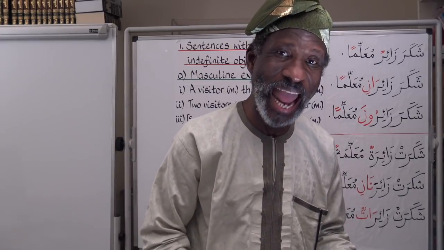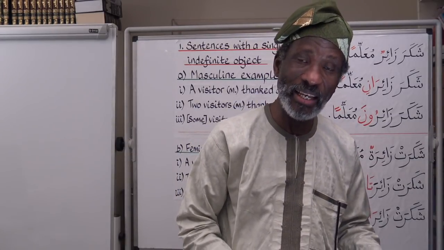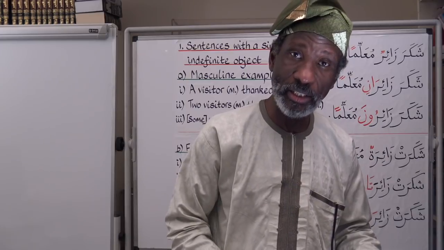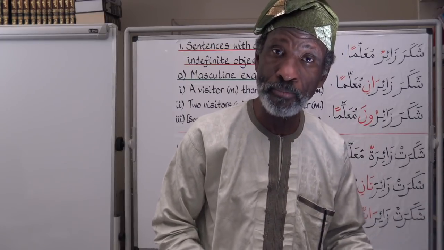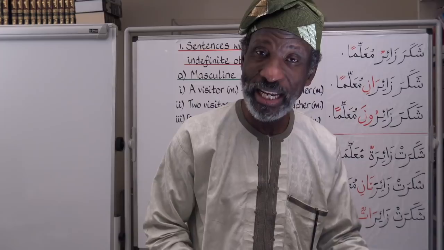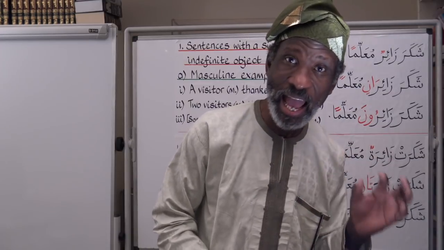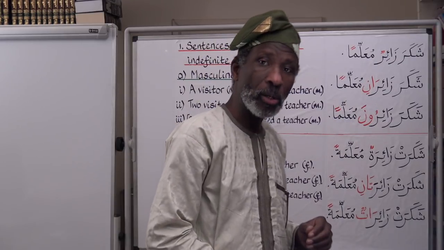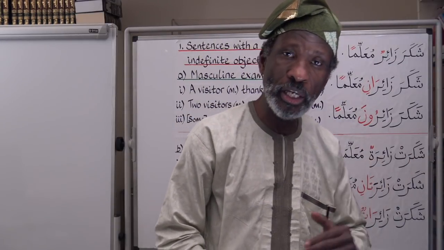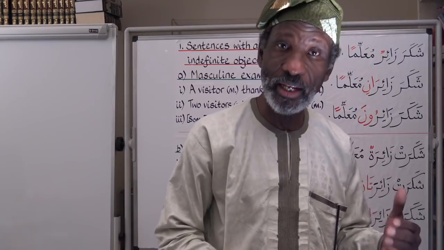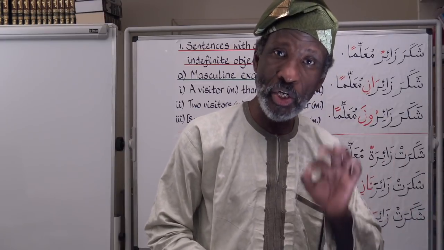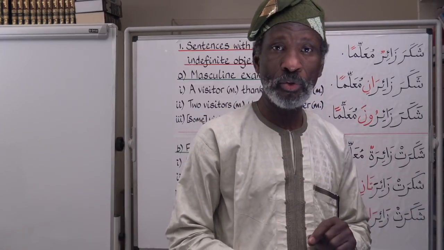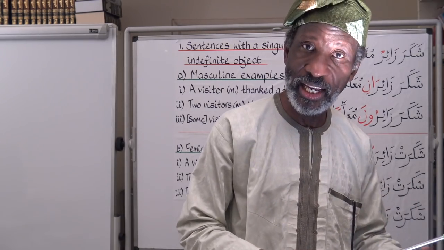Remember the nominative case ending: if the subject, the doer, is two of them responsible for the action, the ending will be ani. You put the fatha on the last letter of the subject, extend it using alif madd or lengthening alif, then add noon with kasra to give us the ani ending.